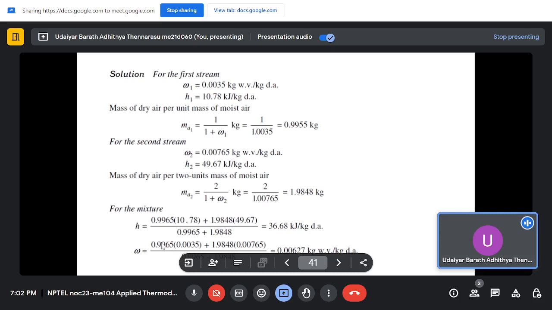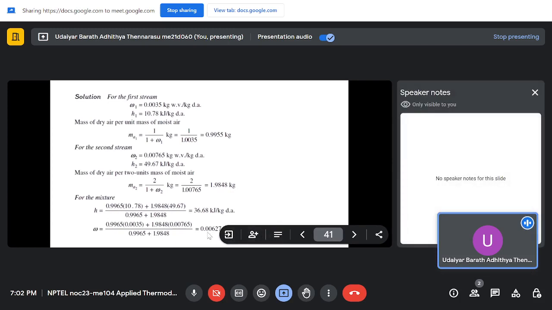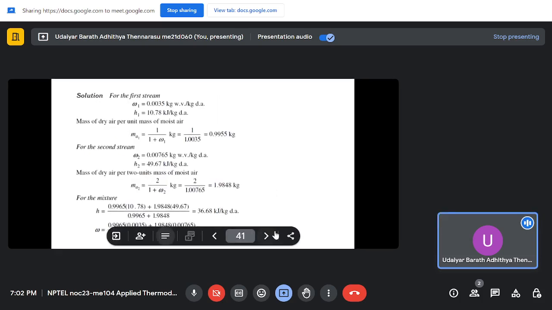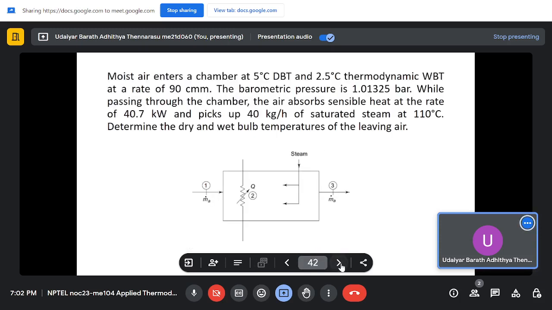Similarly, omega is m_a1 into omega 1 plus m_a2 into omega 2, divided by m_a1 plus m_a2. That will also come out to be 0.00627 kg of water vapor per kg of dry air. So we'll move to the next problem.